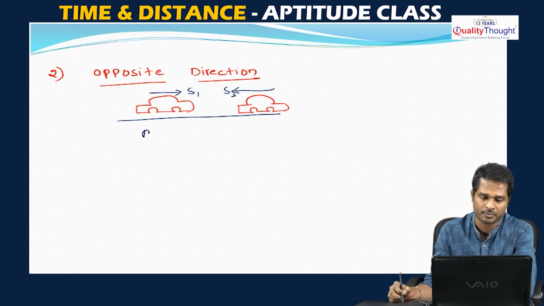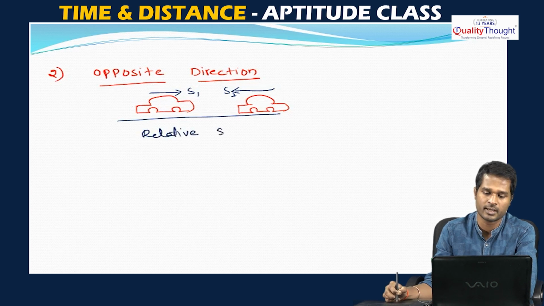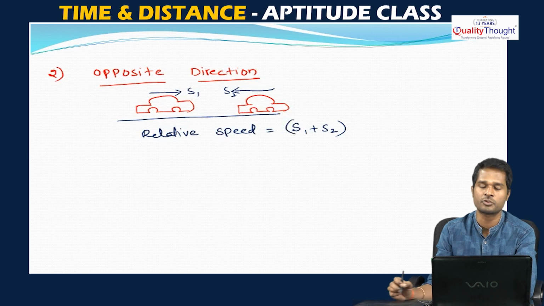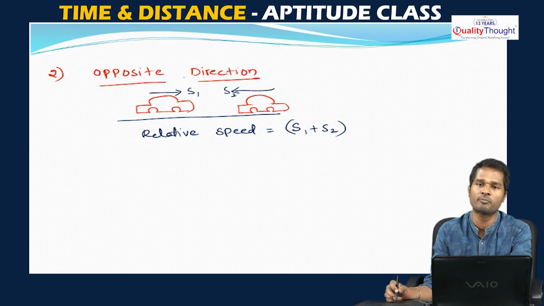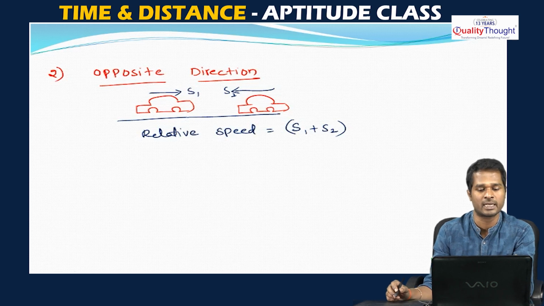Then in this case the relative speed will become s1 plus s2. See, when both the vehicles are moving in the same direction, the speeds were subtracted. That means we took the difference of the speeds as relative speed.